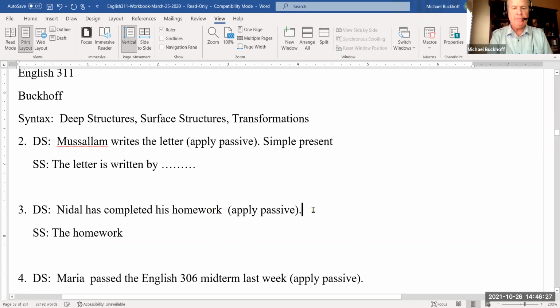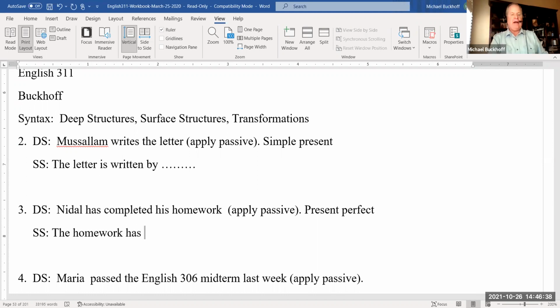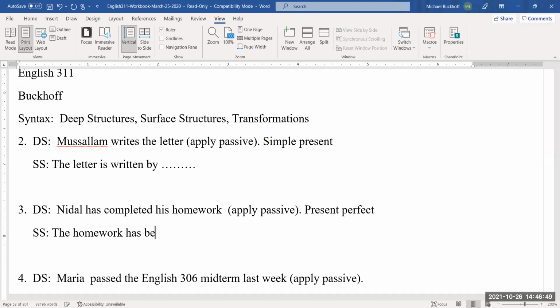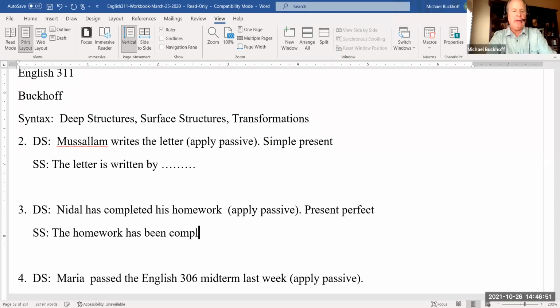Now, let's look at this one. Has completed. This is present perfect tense as we talked about last week. So we want to continue with the present perfect tense. So has what? The homework has been completed. Good. We're going to keep it going here.